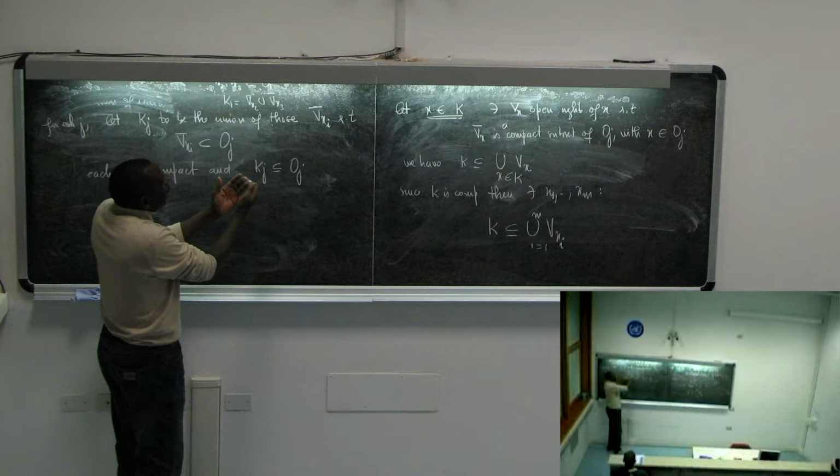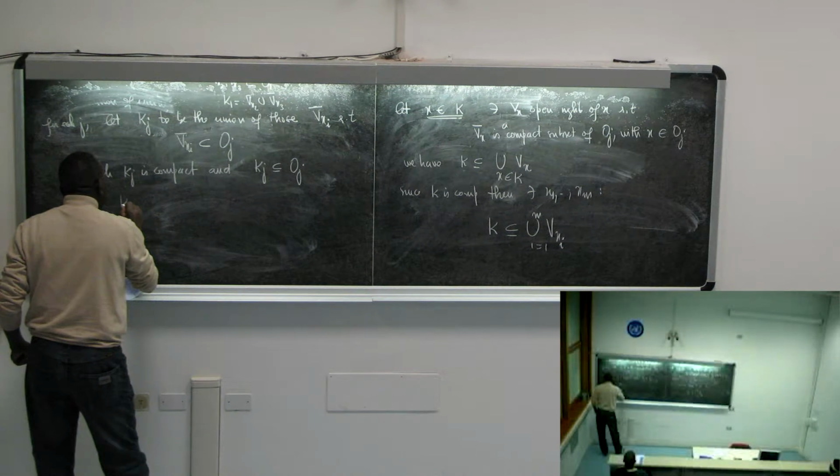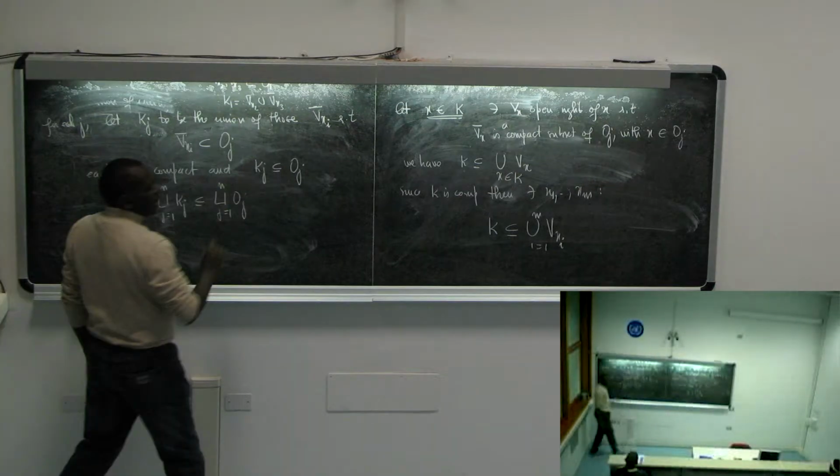If I take the union of all these sets, I get a subset of Oj. And we also have K in the union for j equal 1 to n of Kj, which is also in the union for j equal 1 to n of Oj.